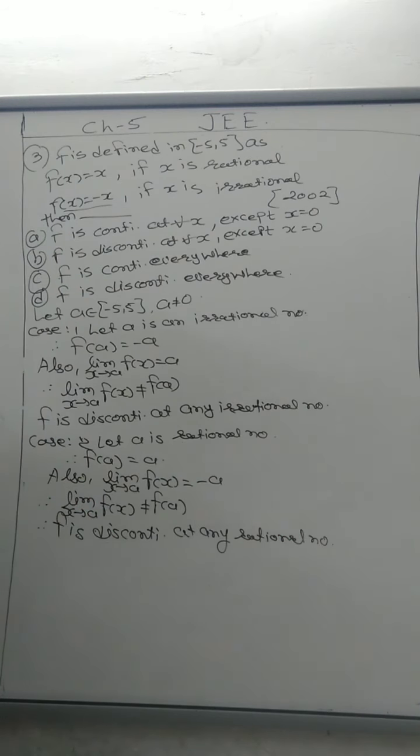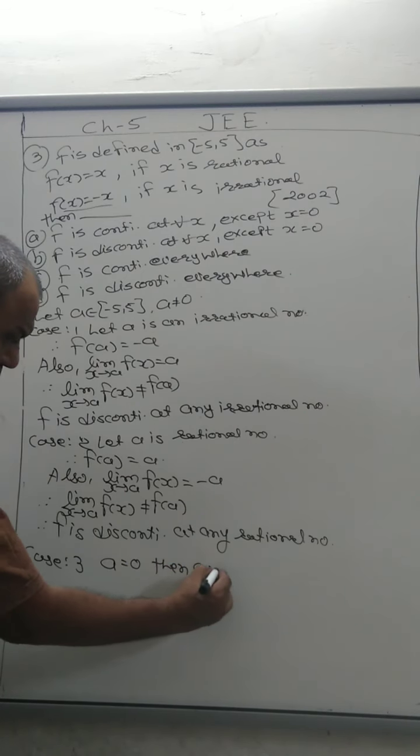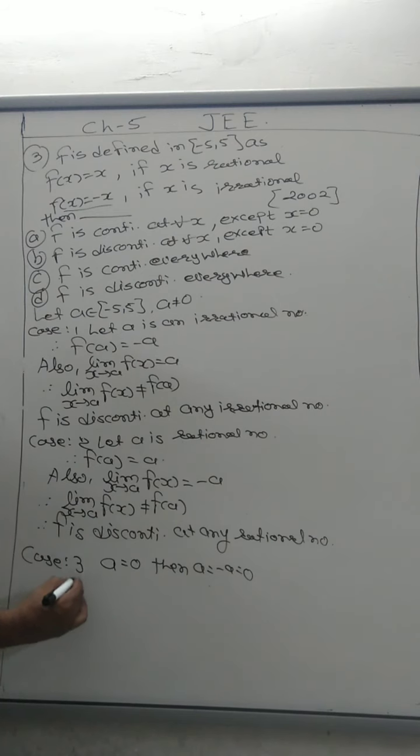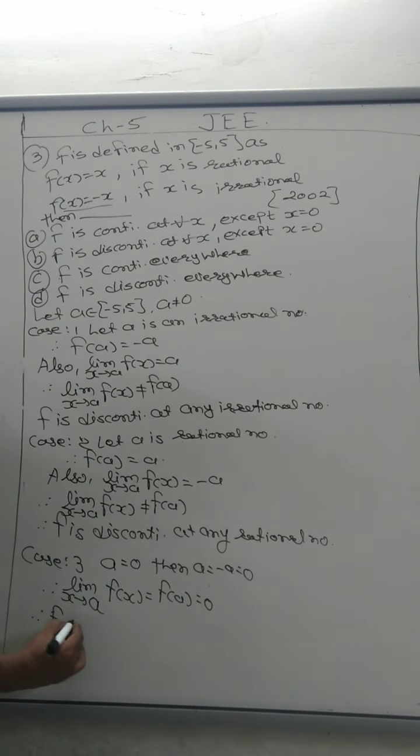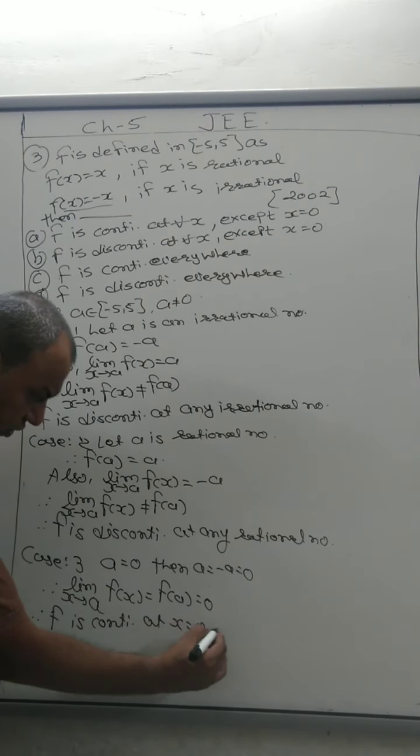Now we talk about 0. Case 3: a is equal to 0, then minus a equals 0. Therefore the limit as x tends to a, or 0, of f(x) is equal to f(a), which is 0. Therefore f is continuous at x equal to 0.